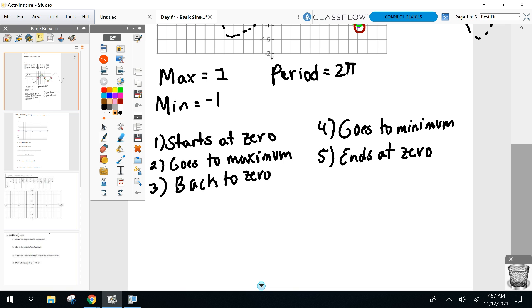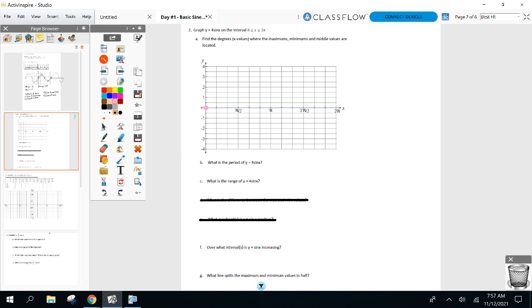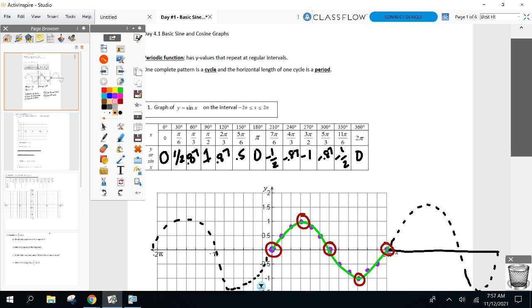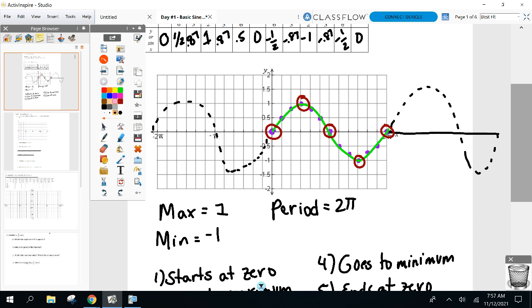Starts at 0, then it goes where? What's the max for us on this one? 4. That's the number out in front. But make sure it goes every pi over 2. I hit one of those key values. Not the next one, every pi over 2, right? Look at my graph before. 0, pi over 2, pi, 3 pi over 2, and 2 pi, you hit those key values.